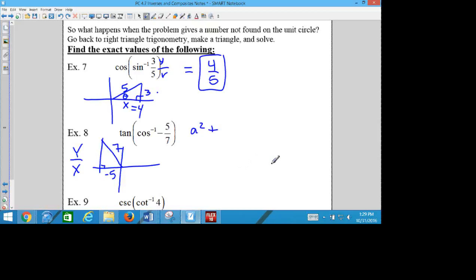A squared plus b squared equals c squared. So I use my Pythagorean theorem, and I get square root of 24, and then I simplified that radical, got 2 radical 6. So that's my y value.